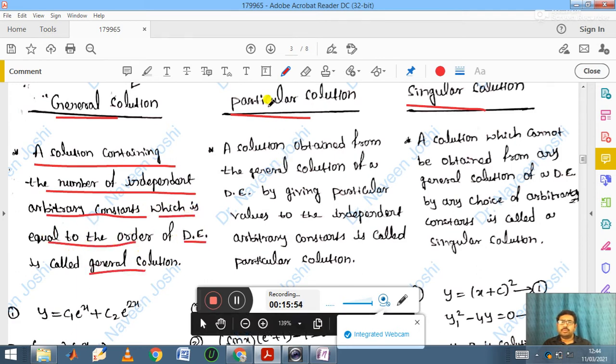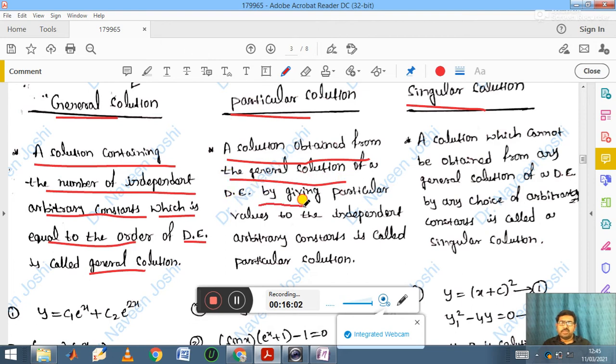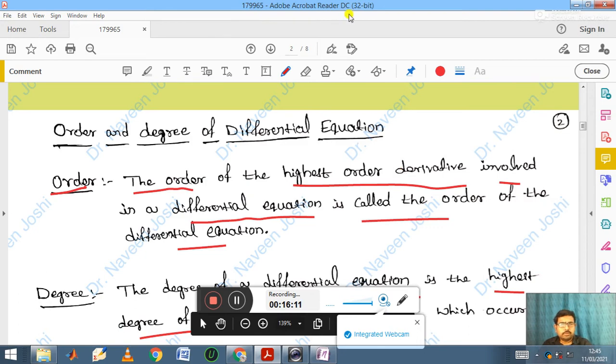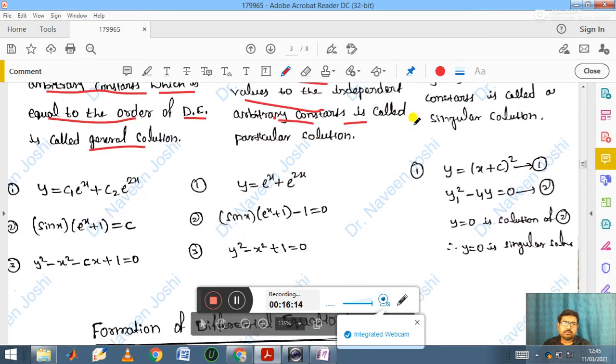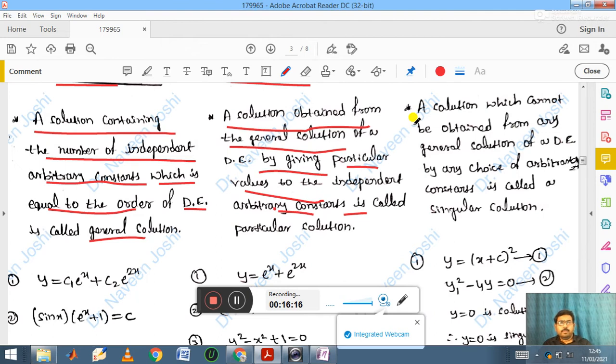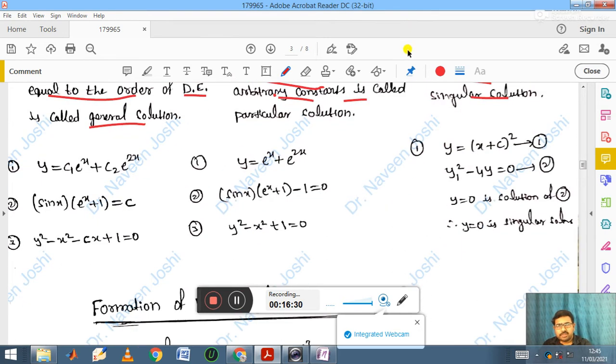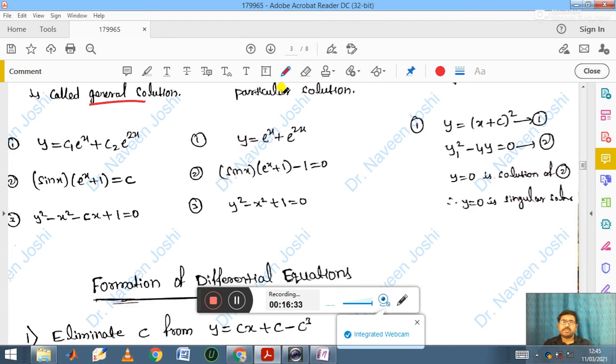A particular solution is obtained from the general solution by giving particular values to the independent arbitrary constants. And the singular solution is a solution which cannot be obtained from any general solution of a differential equation by any choice of arbitrary constants. Here I have written a few examples for better understanding.